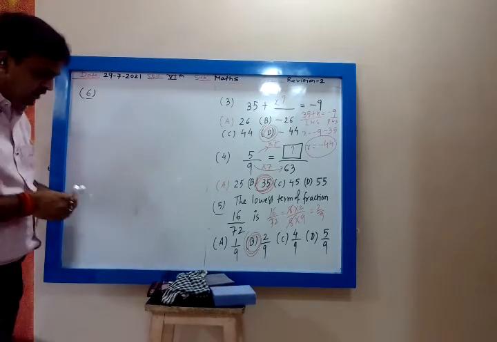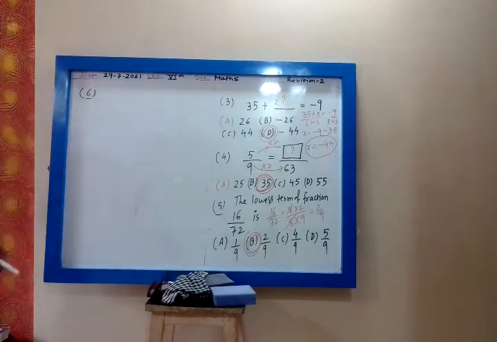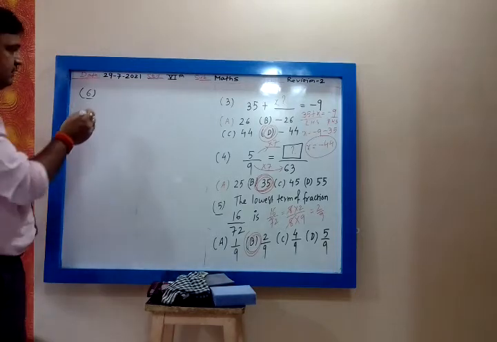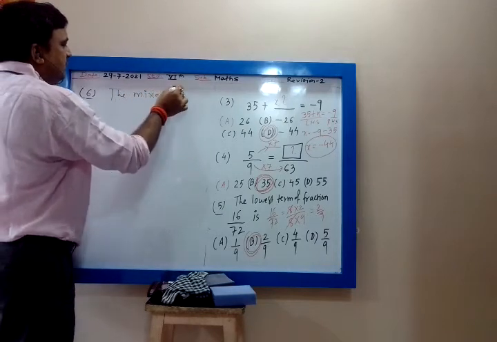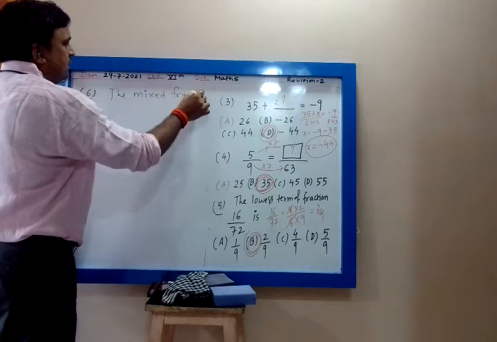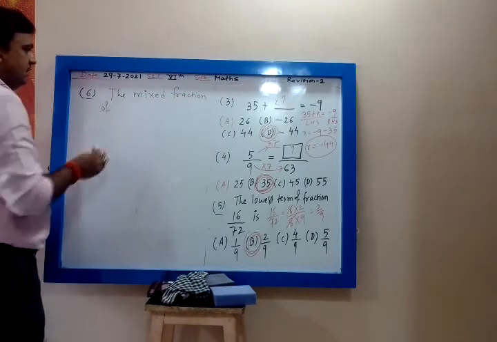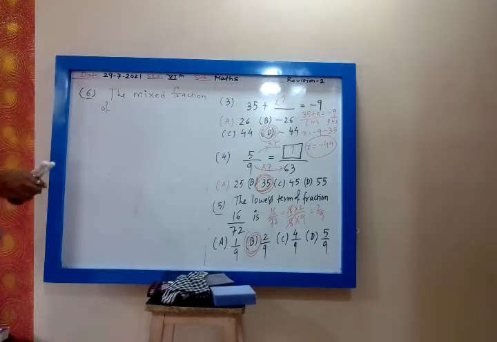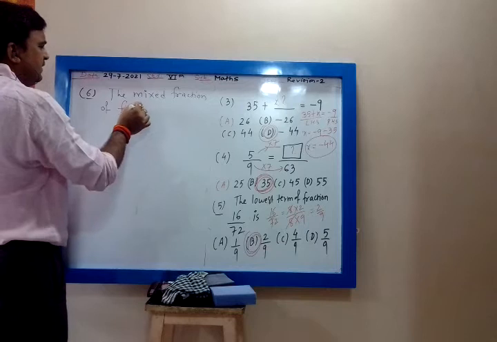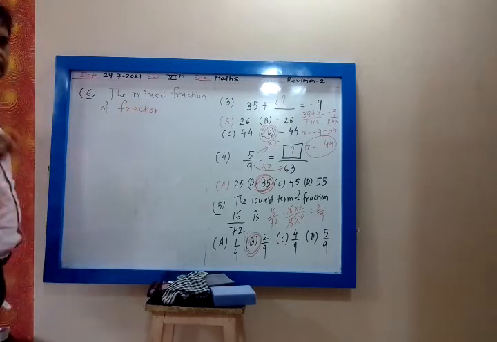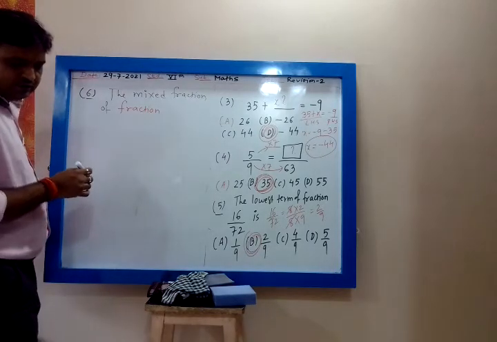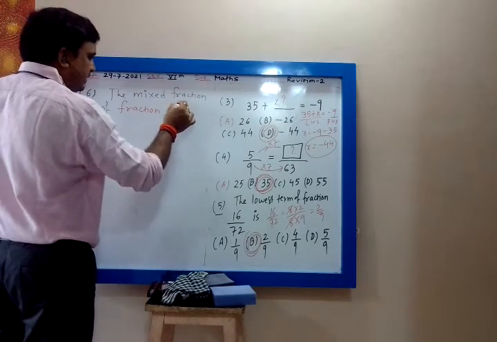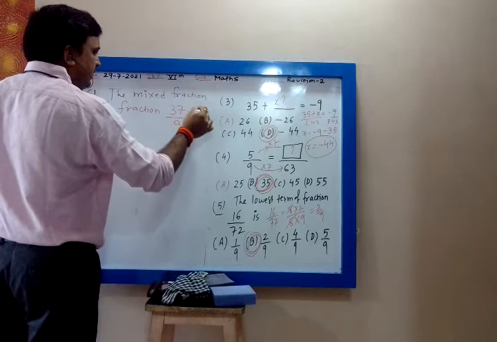Yes, now sixth question. Let us write. Sixth question: The mixed fraction of the fraction 37 upon 9 is.